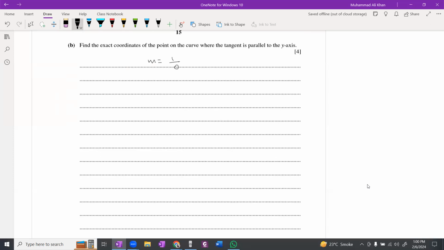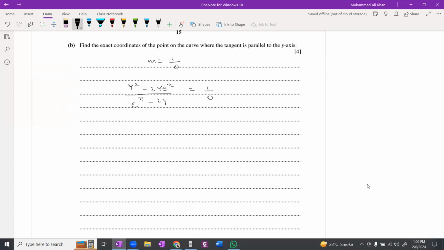The gradient we have calculated will be y squared minus 2y e power x upon e power x minus 2y equals to 1 upon 0.